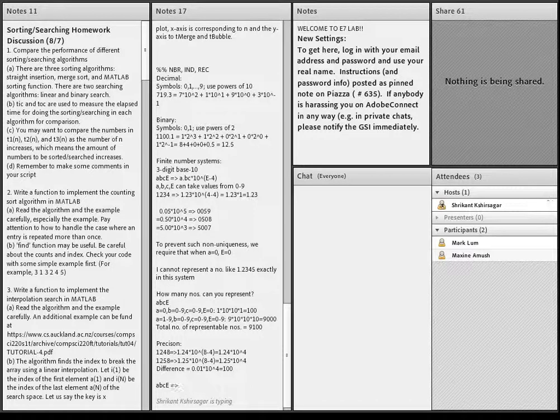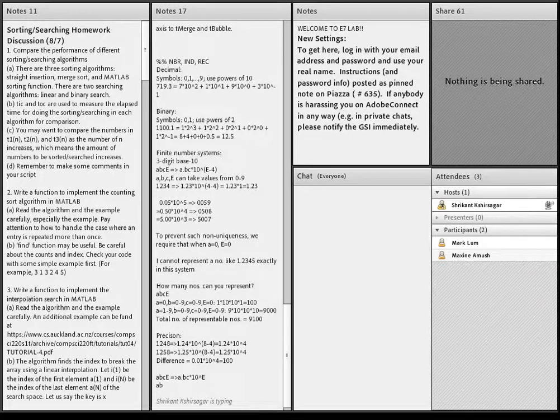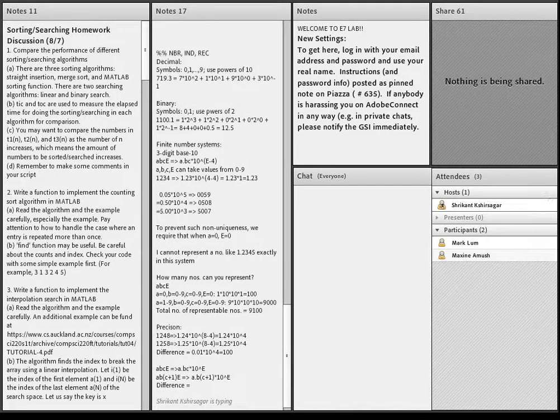ABCE corresponds to A point BC into 10 raised to E, and the next higher representable number from this one is ABC plus 1 E, which corresponds to A dot B C plus 1 into 10 raised to E, right? So the difference between the two is simply 0.01 into 10 raised to E.